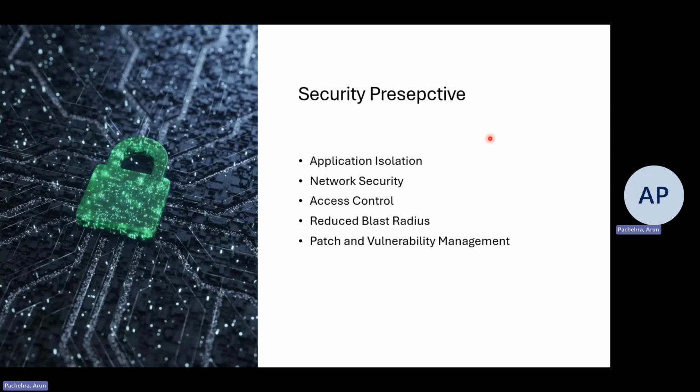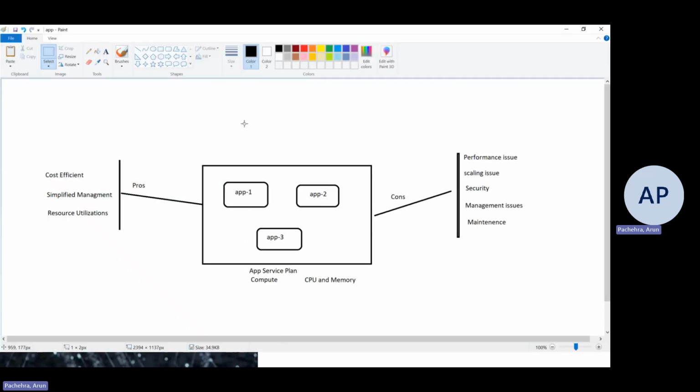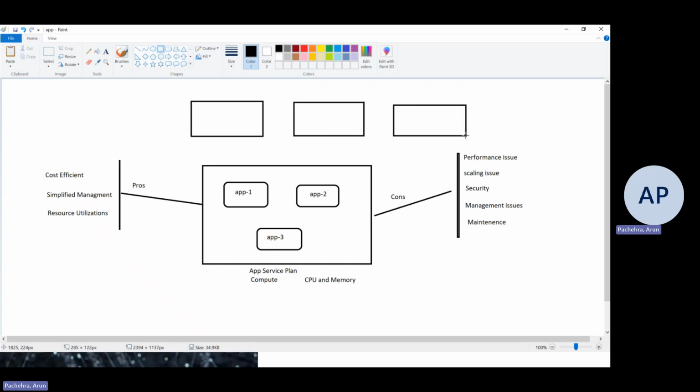Now, let me get back to the diagram. Let's suppose isolating applications in separate app service plans enhances security by minimizing the attack surface. For example, this is your app service plan, this is another app service plan, and this is another app service plan.